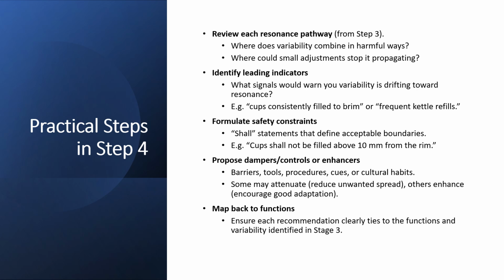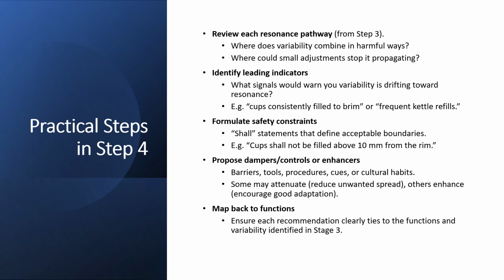For example, the cup constantly is filled to the brim, or I'm frequently requiring kettle refills. Formulate safety constraints. Shall statements that define acceptable boundaries should be defined. For example, cups shall not be filled above 10 millimeters from the rim.